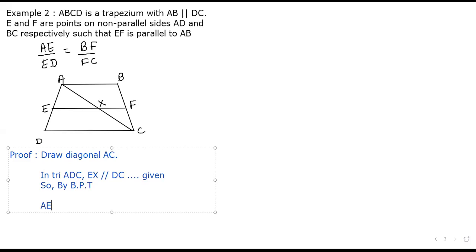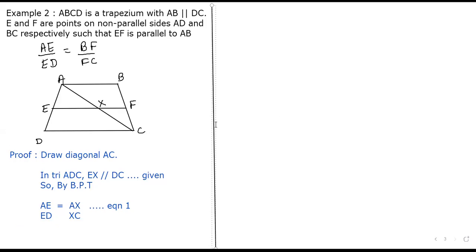Now you write AE upon ED is equal to AX upon XC. This is our equation 1. Yes or no?